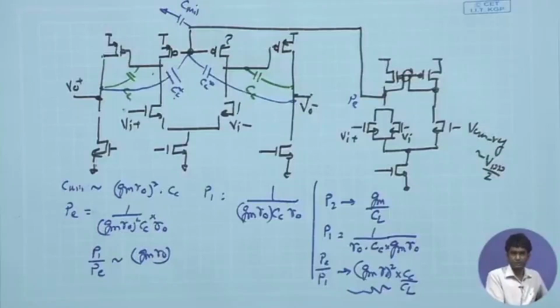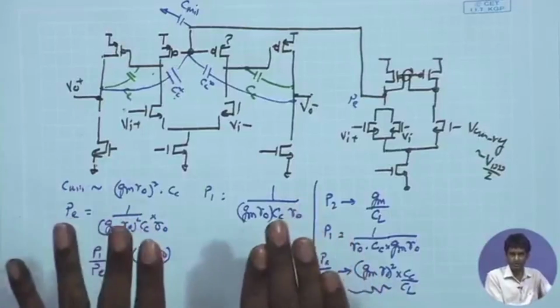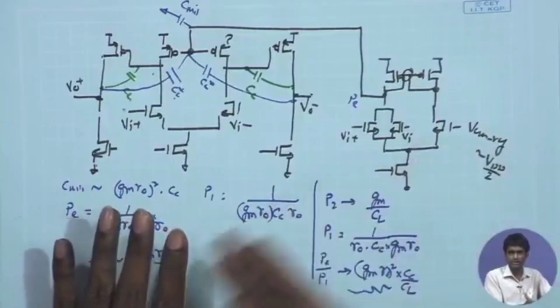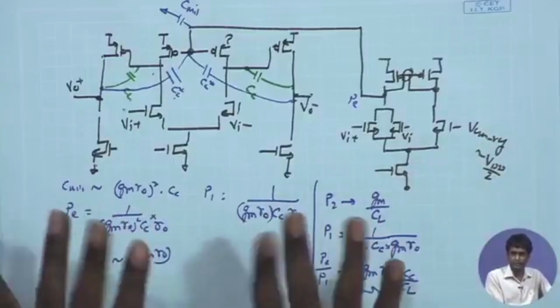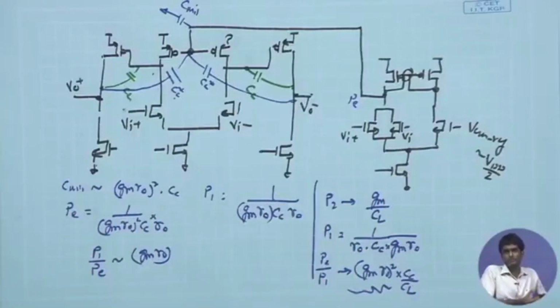Whatever simulation exercises have been recommended so far, they are very much aligned with the discussions we had for the single loop common mode feedback, as well as now we have done a detailed discussion on the dual loop common mode feedback. So there is a good combination.